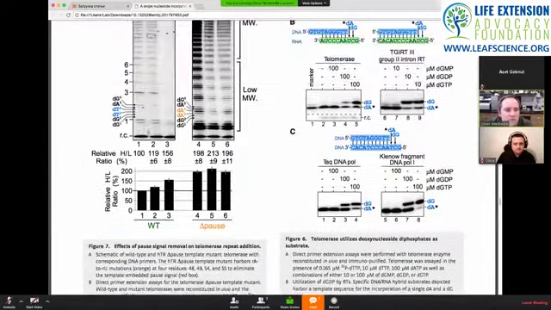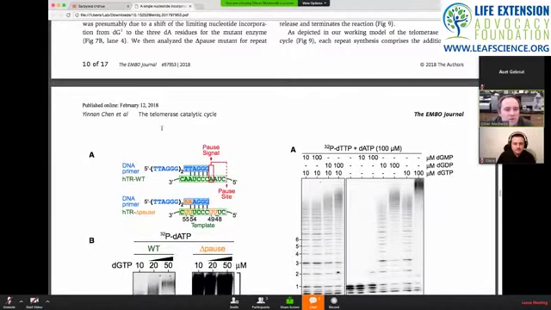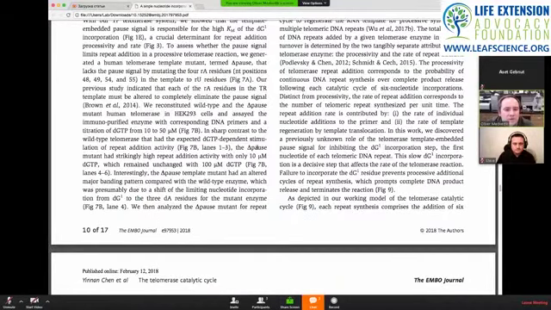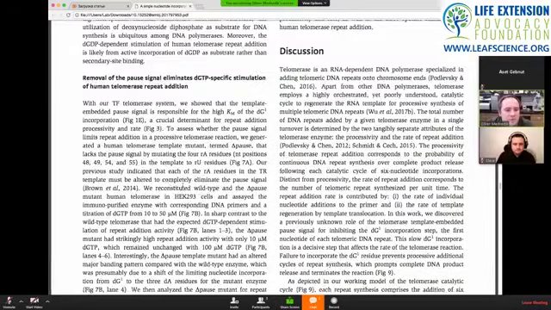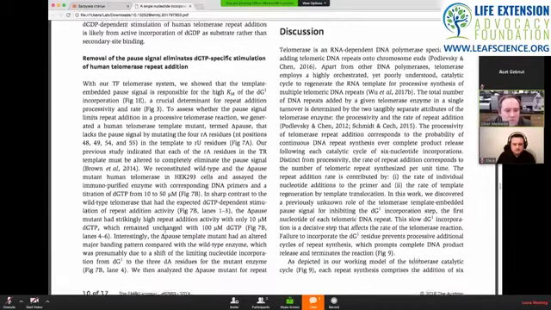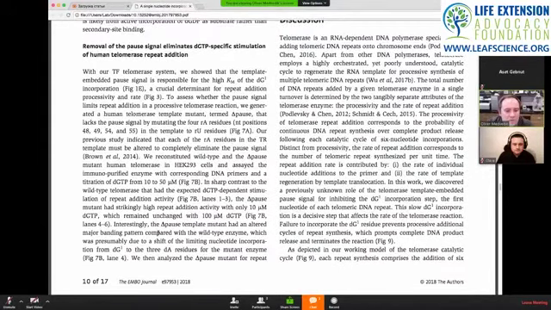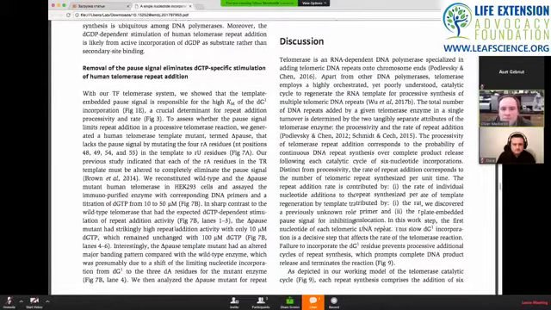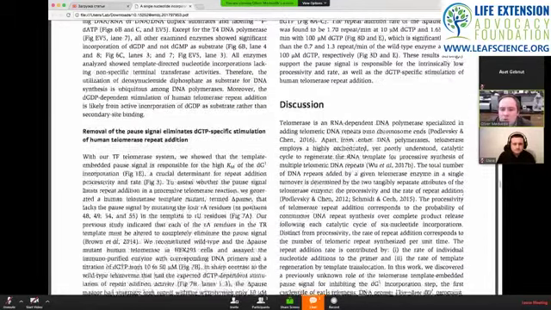Crucial determinant sensitivity. Yeah, figure 3. Pause signal. Here we go.